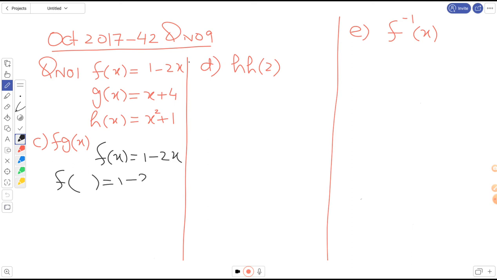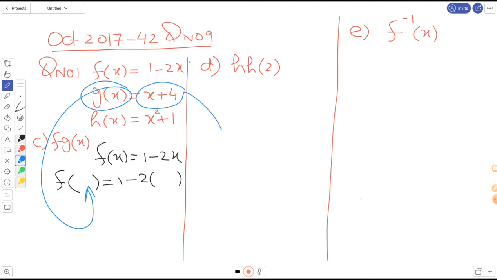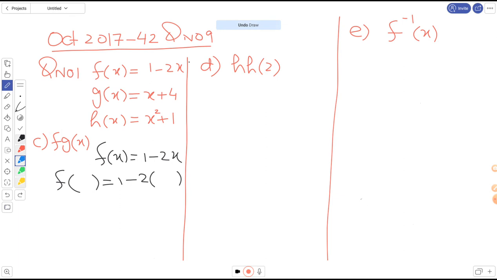I will leave empty spaces. Okay. So when I leave empty spaces, then I can replace the function name on the left side, and the function value on the right hand side. So this is the plan behind it. So let's see how we can achieve this plan. So function name I'm writing left hand side. So g of x is coming here, and its value x plus 4 comes here.